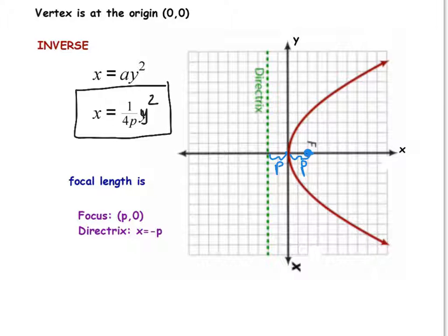The focal length, again, is p, and our focus now would be at the ordered pair (p, 0). The directrix is a vertical line, x equals negative p. Similarly to the other parabolas, if this coefficient is positive, it's going to open to the right. If it is negative, it's going to open to the left.